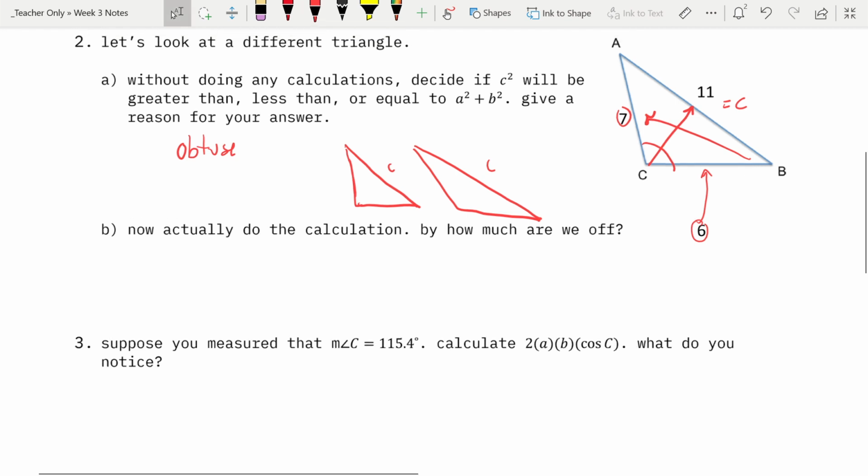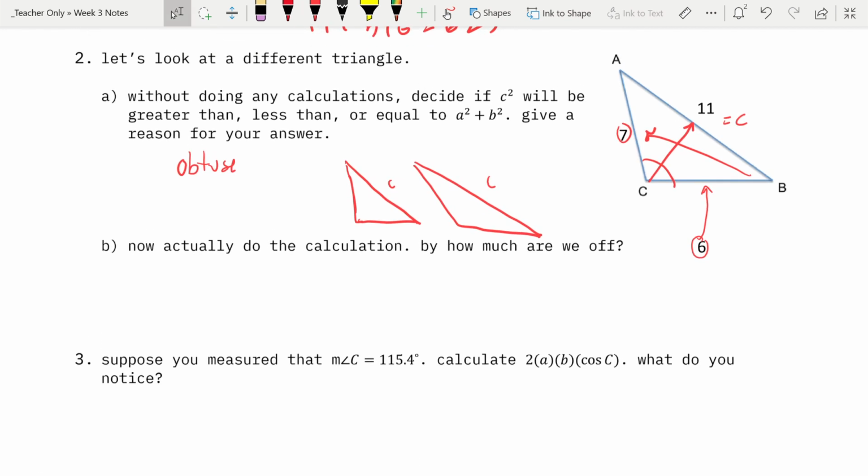Now let's try to do this calculation and see how much we whiff by. So we've got 7 squared plus 6 squared is equal to our c squared, or we're trying to check if it's equal to our c squared. So that ends up as 49 plus 36, is that equal to 121? I think not.